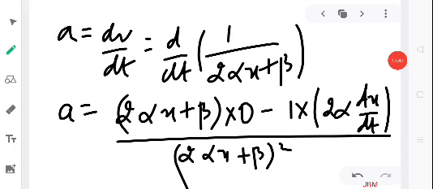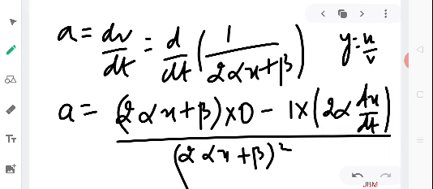Now before we proceed further, let me remind you that we have used the form when y is equal to u by v. If y is equal to u by v, we keep the second function v, differentiate the first, minus differentiate the second function, keep the first, divided by square of the second function. So we have used the same rule over here. In this case u is 1 and v is 2 alpha x plus beta.